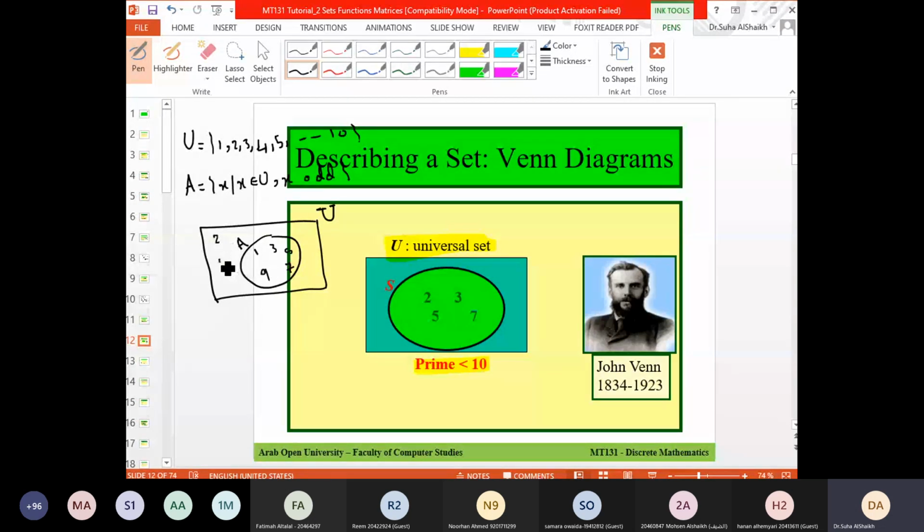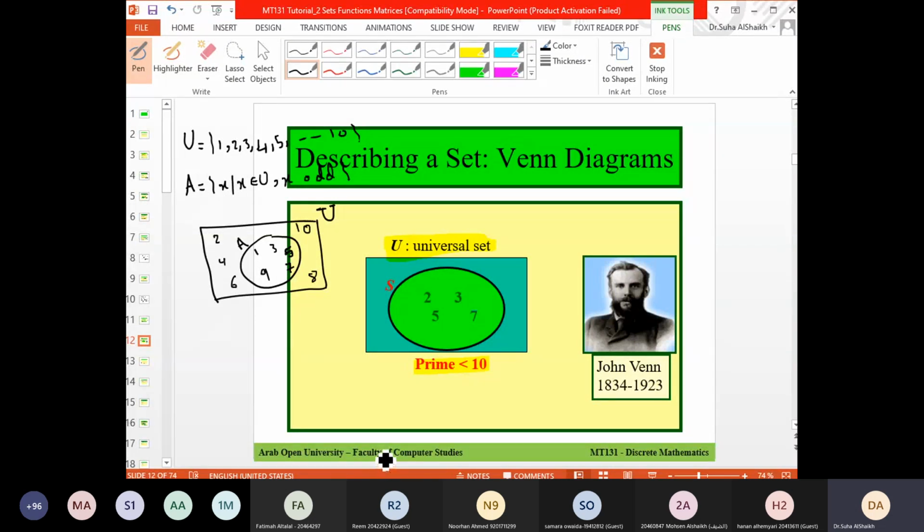Here I will have the 2, 4, 6, 8 and 10. So this is how I represent those two sets. The universal set, from 1 to 10, is the big set, and inside it I have the A that has the odd numbers out of the set, and this will be my A.